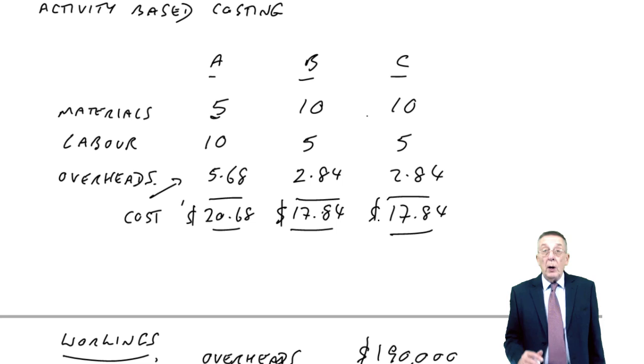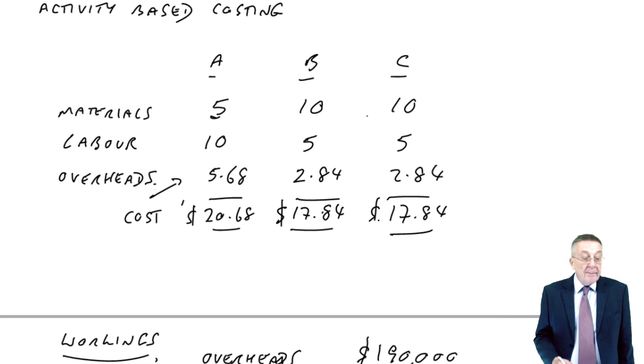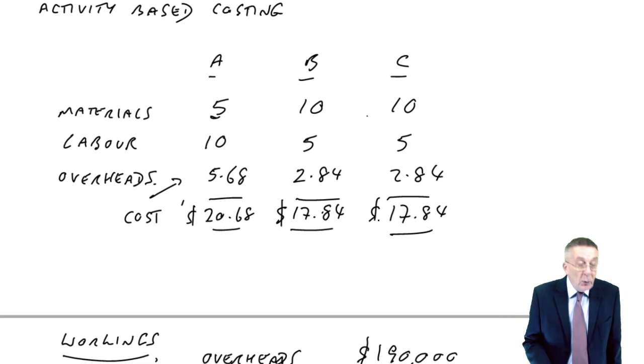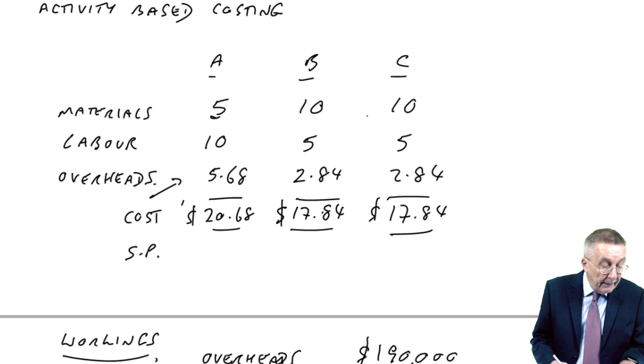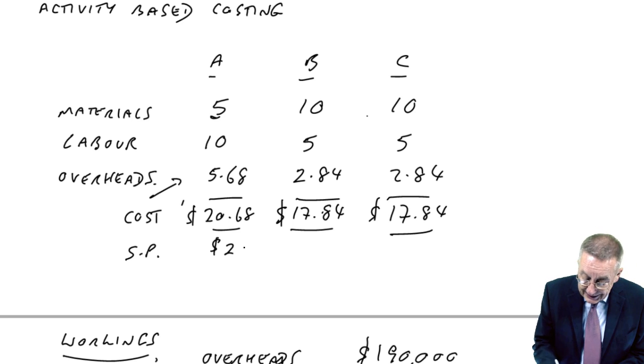Obviously in the exam only do what's required. Here it does also say what is the profit per unit. Well, we know what the selling price is. In each case it's $20.